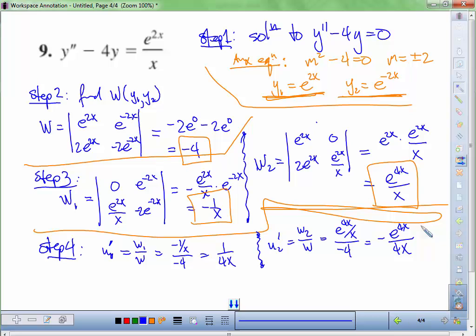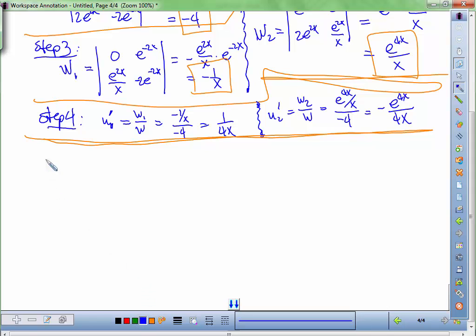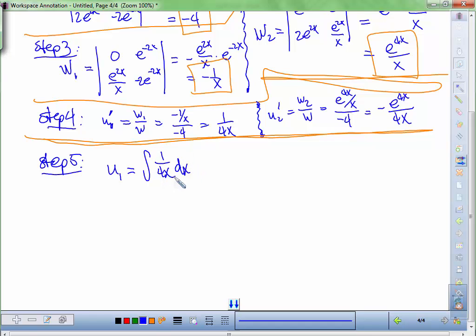Okay, looking good so far. Step 5, we're going to integrate each of these to get their u's. So this is going to be the integral of negative 1 over 4x. So take the 1/4 out. Integral of 1 over x is what? ln x. So this would be 1/4 ln x.